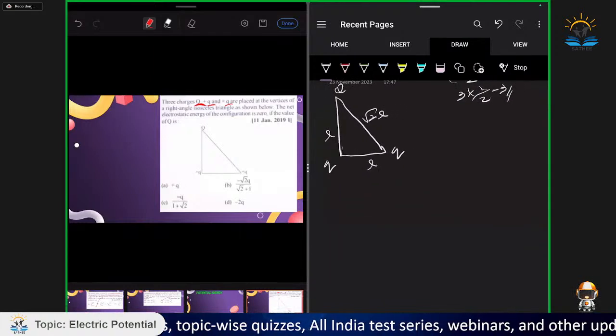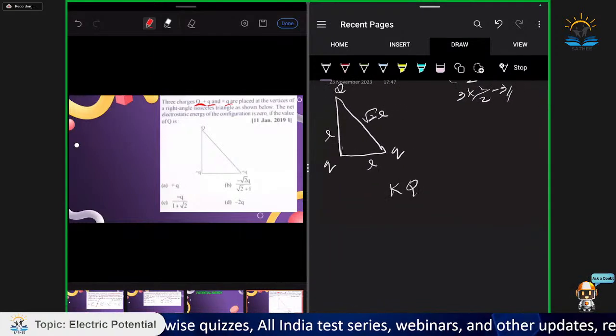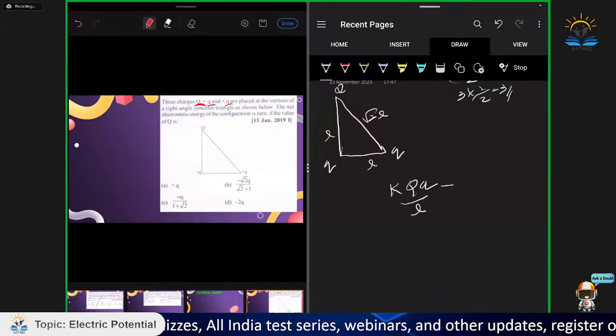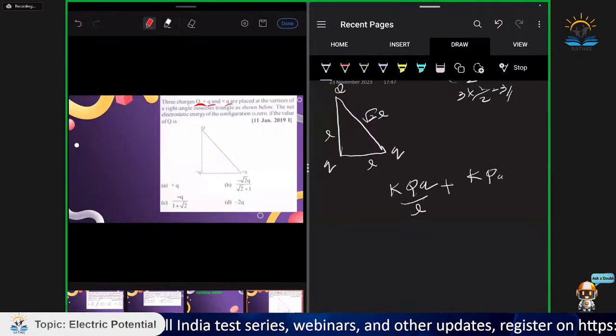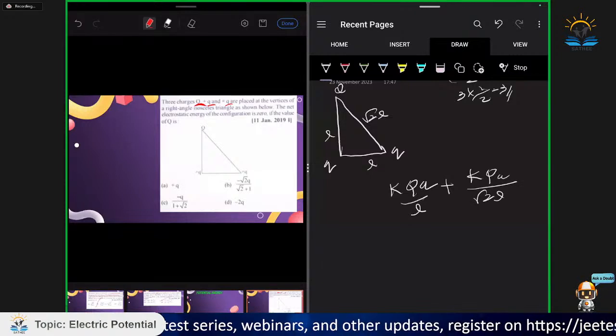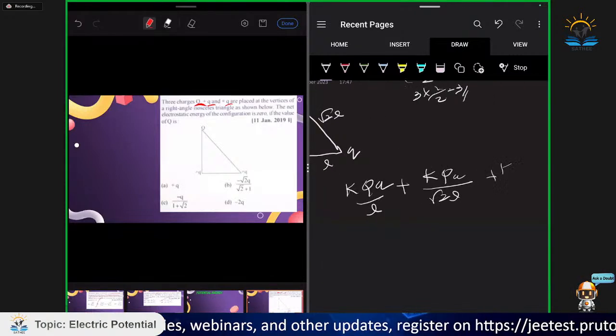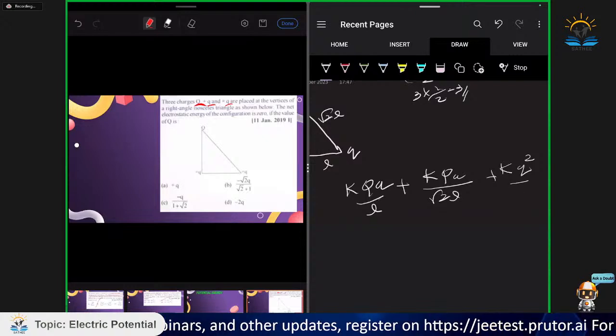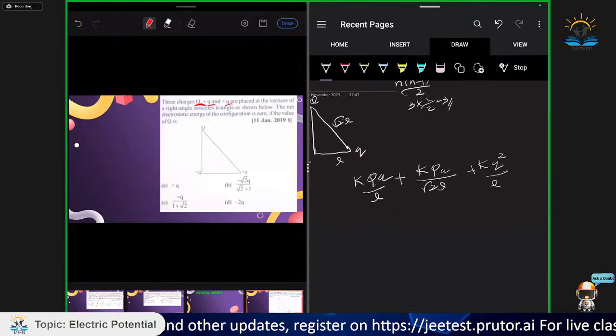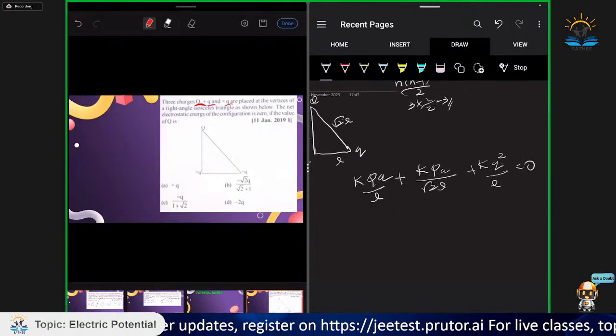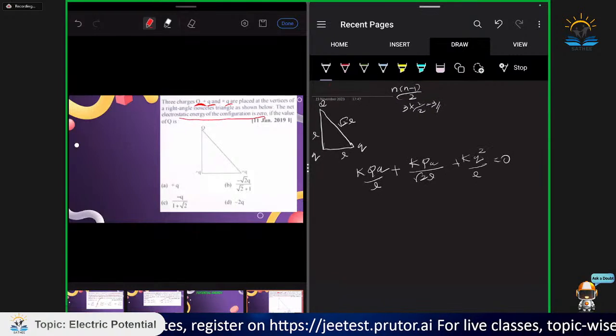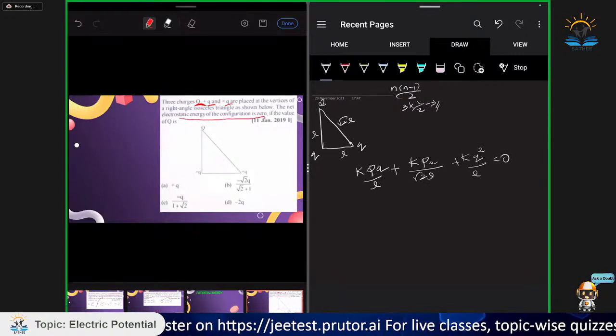First pair will be KQq by L plus KQq by root 2 L plus KQ square by L. And we know the sum of this is 0. Total is 0.